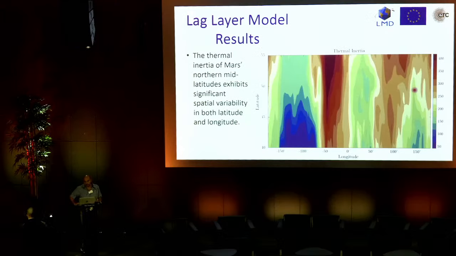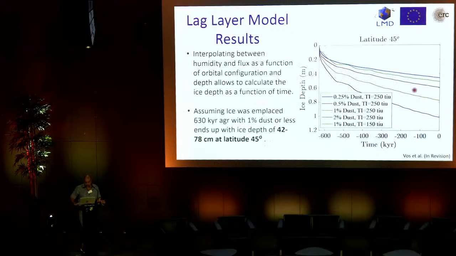On your plot, you showed 1% dust content. Can you comment how the result would change, or why did you pick that number? I chose 1% because if you look at papers from Aditya Kuller, he suggests that the mid-latitude ice is almost pure, probably 1% or lower. We also have 2%, 5%, 10%, but if you change it, it changes a little bit.